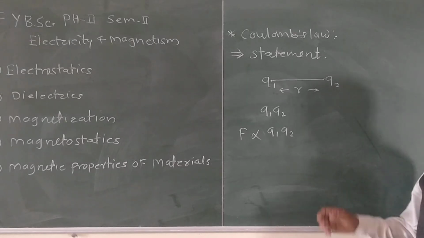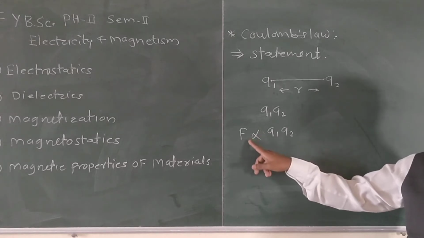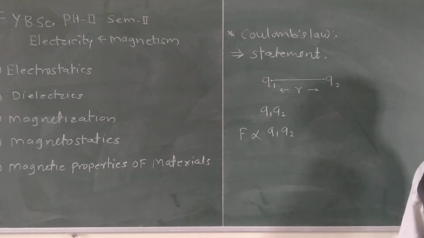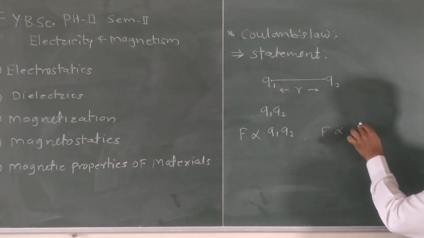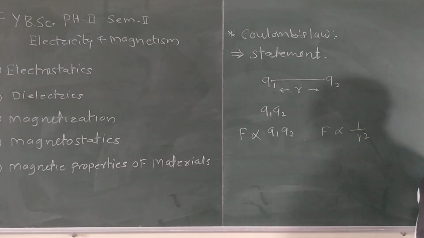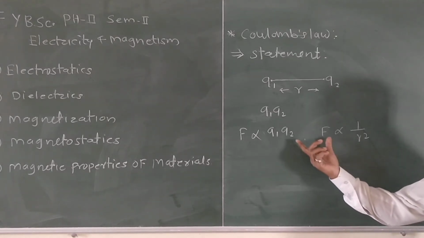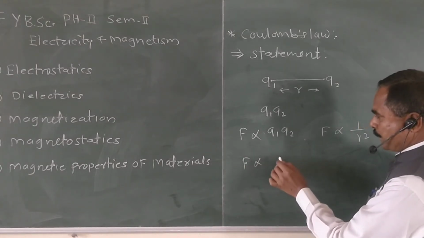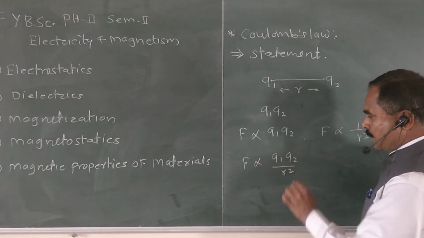Now, according to the second statement, the force of attraction or repulsion between these two point charges at rest is inversely proportional to the square of the distance between them. So here we write F is directly proportional to 1 upon r square. Right? So combining these two equations, we can write F directly proportional to Q1 Q2 upon r square.